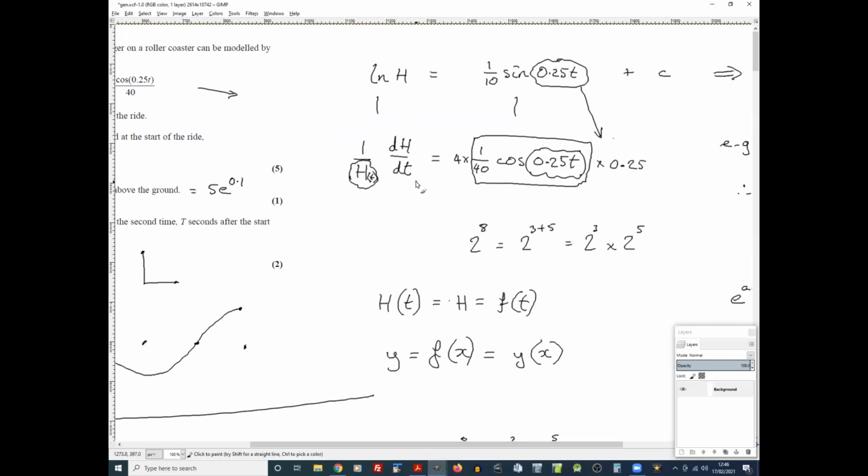Or what you'll be told to do in class is take the dt over here, multiply both sides by dt, and then stick an integral sign on both sides, which is fair enough. Then you're saying the integral of that with respect to h, because that dt has disappeared, is going to be equal to the integral of that with respect to t, because you've got a dt there. Same thing. Okay.